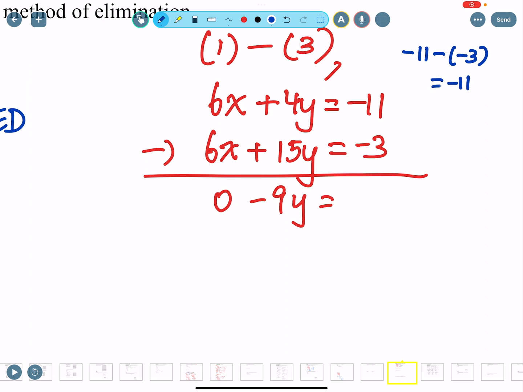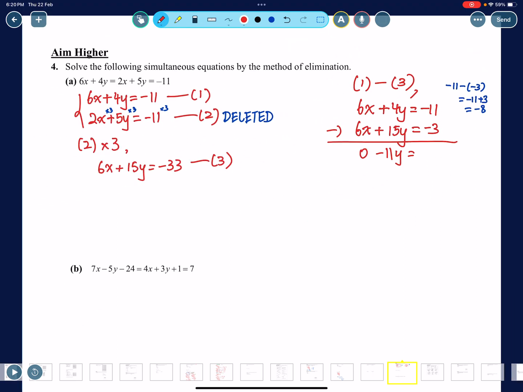It's negative 11 plus 3, which is negative 8. Whoa. Okay, let me double check. 4 minus 15 is negative 11. I made a mistake. Negative 11 plus 3, negative 8.